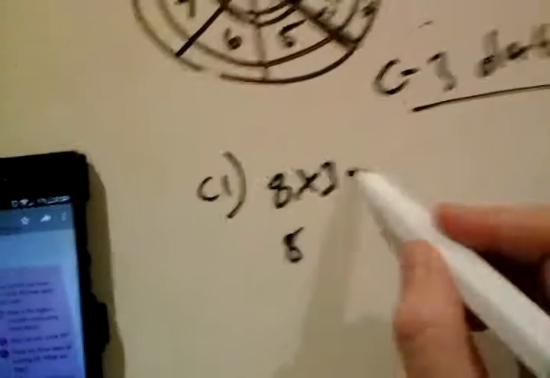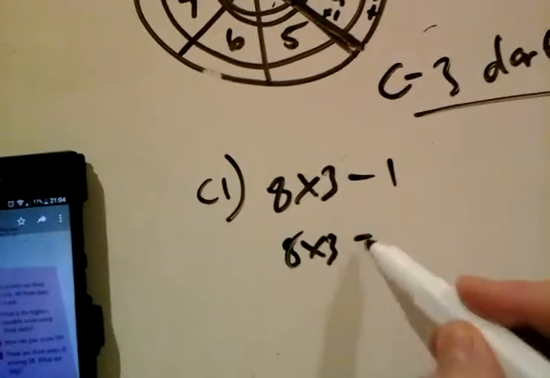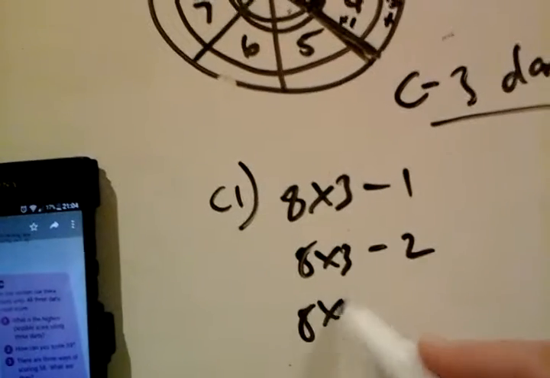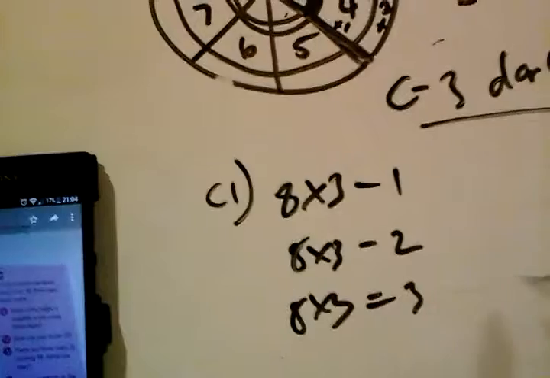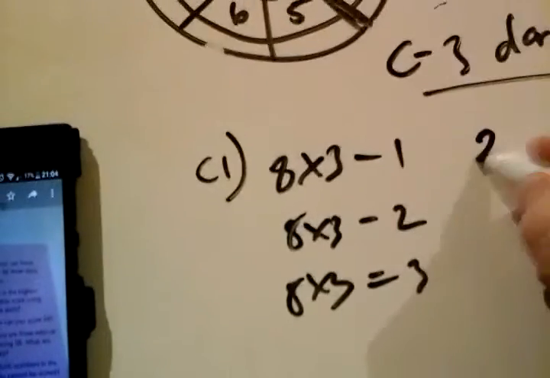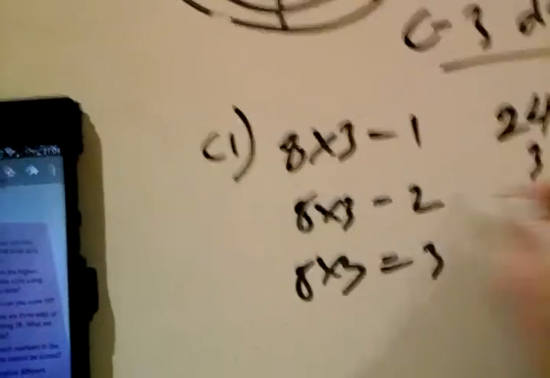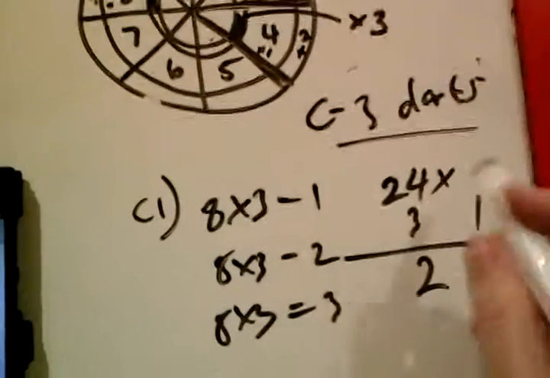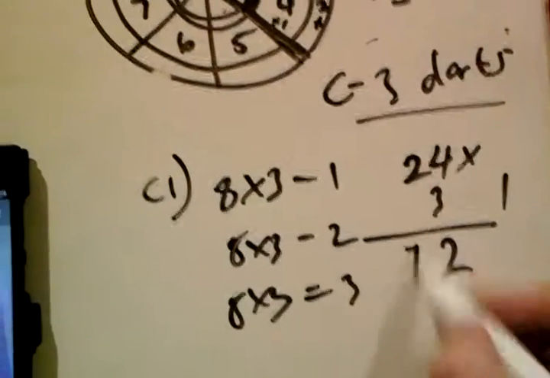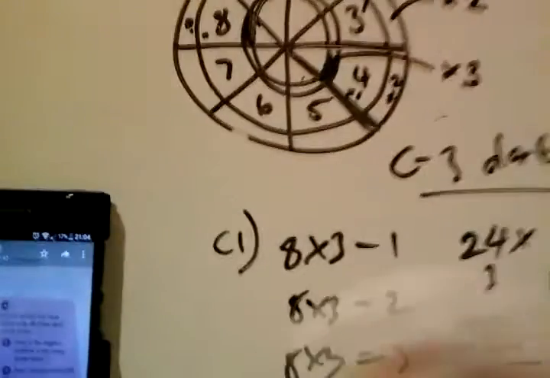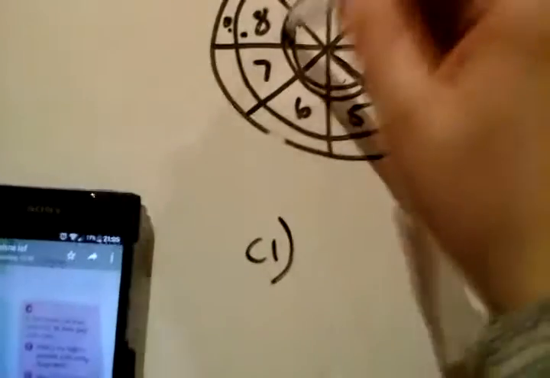So that's 1 dot, 8 times 3 is the second dot, 8 times 3 is the third dot, all in the same section. So if I add them all together, that's 24 times 3, which is 72, the highest number that you can get. Alright? So throw all 3 here. 1, 2, 3. Get the highest one.